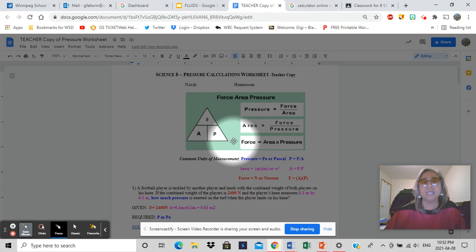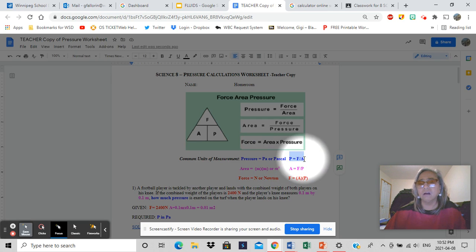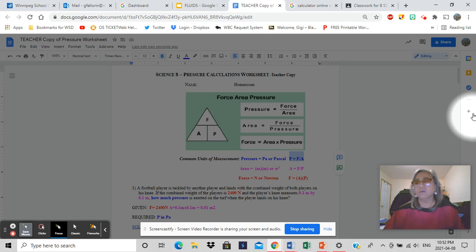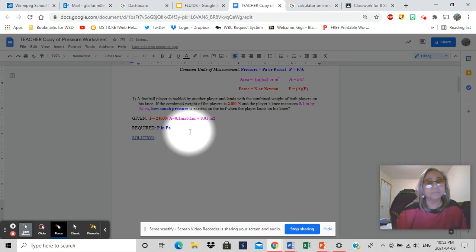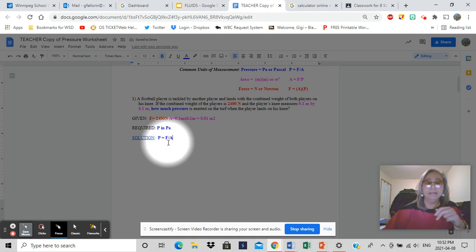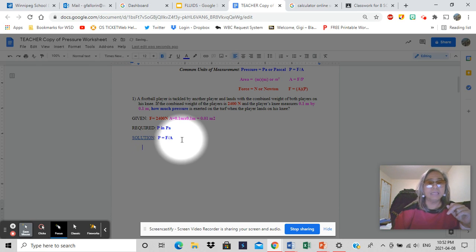And I'm left with F over A. I'm looking for pressure, F over A. So I'd better just copy this one, Control C, and then scroll down and put it here. So you now have the formula there. Once you have the formula, make sure everything is aligned.